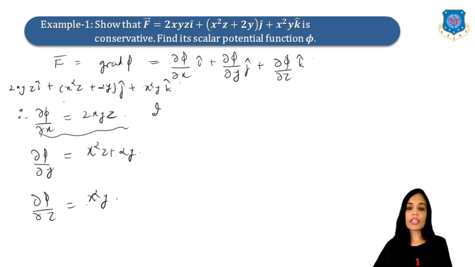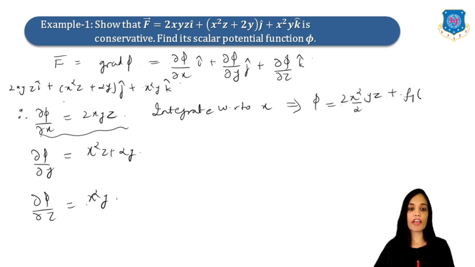Now you have to integrate this with respect to x on both sides. So what you will get? Phi is equal to 2x square by 2 times yz plus, since you are keeping y and z constant, f1 of y comma z. Now these two will get cancelled out.